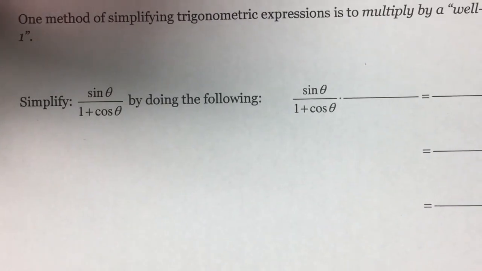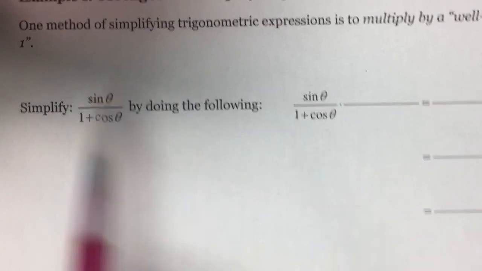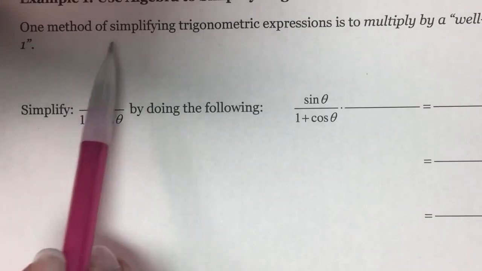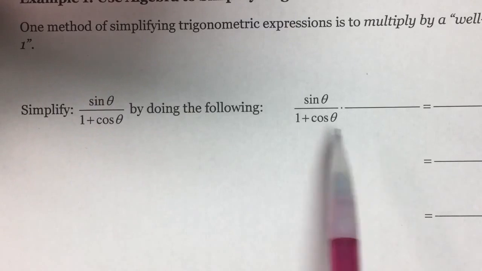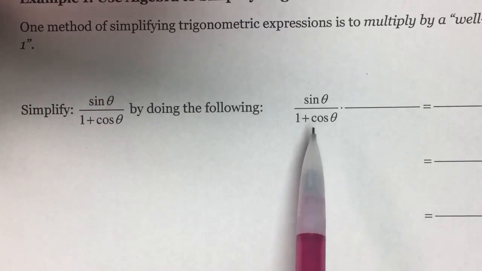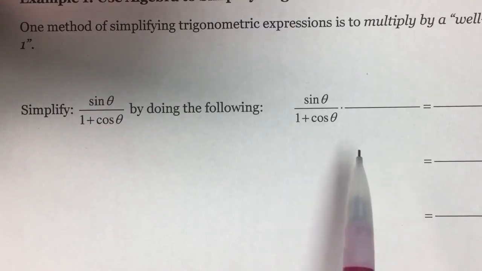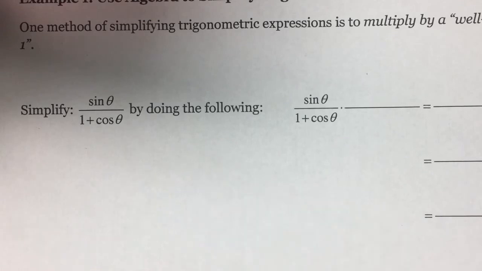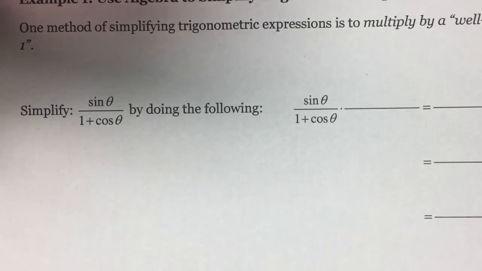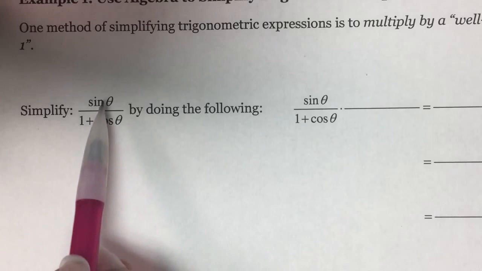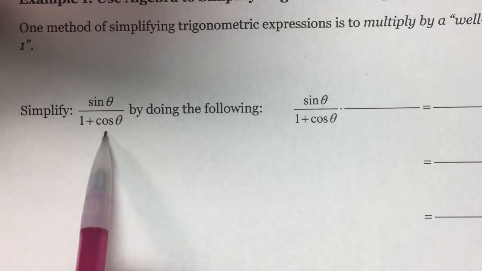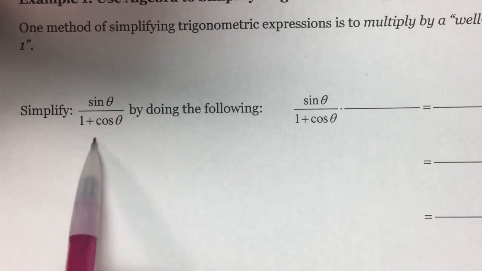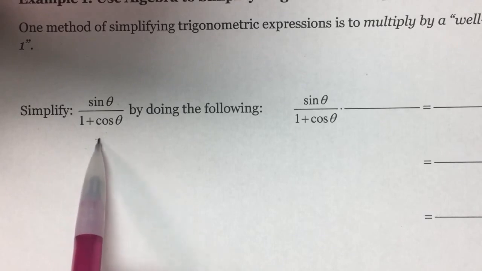So one method of simplifying trigonometric expressions is to multiply by a well-chosen one. So here's what they mean. I can simplify sine theta over 1 plus cosine theta by doing the following.